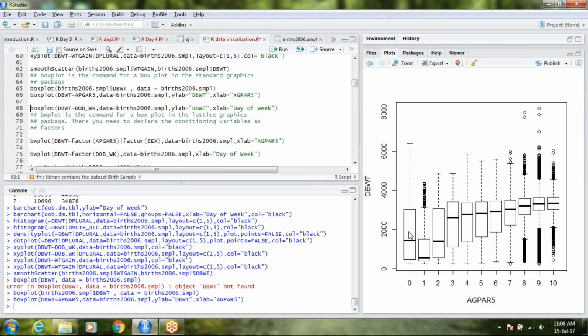Considering this, there is a bit of a relationship between the two. If this factor is 1, then my weight is quite low. So the baby who is born with this factor is expected to have a weight that is a bit on the lesser side.